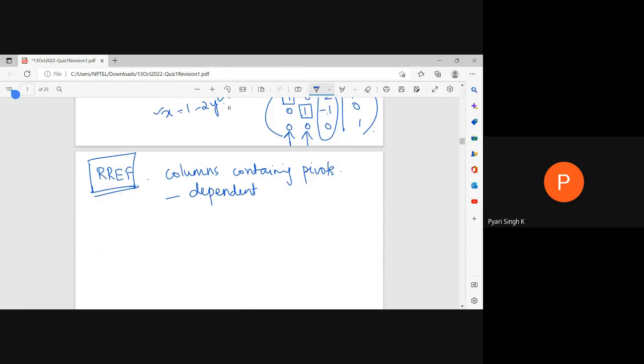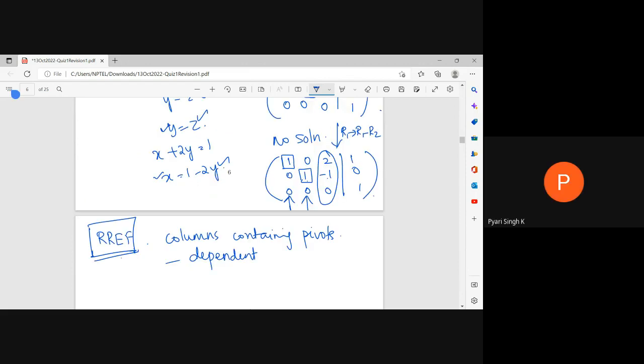Ma'am, I had confusion with this concept. In this reduced row echelon form which you have just written, if the last value is 001 instead of 000, this is now not in reduced row echelon form, right?